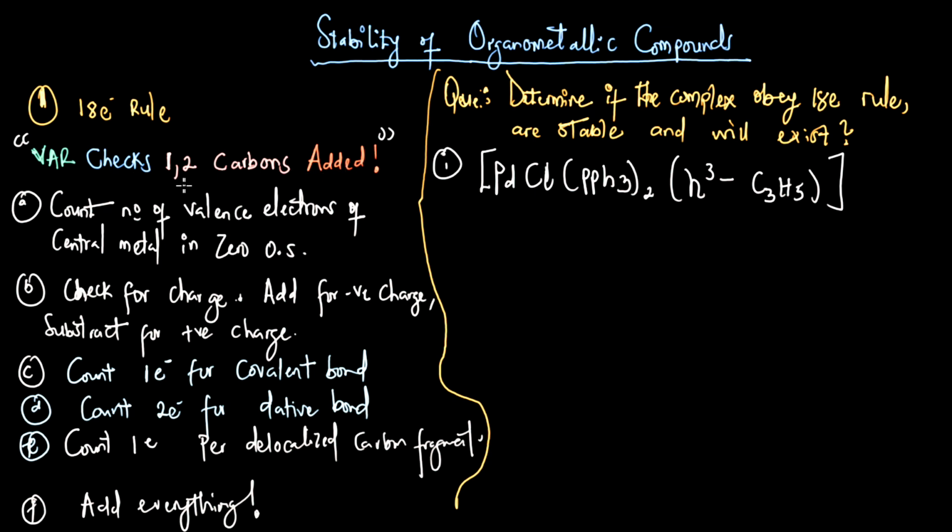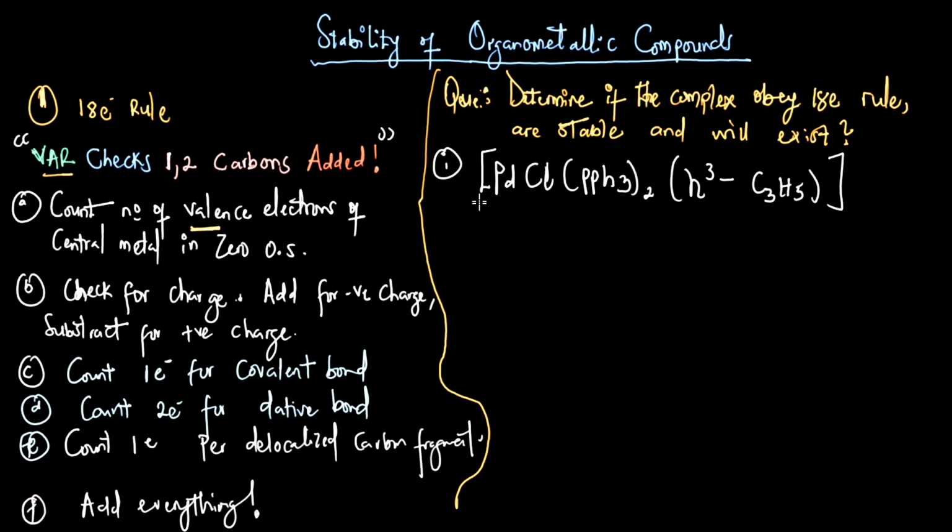Just know this, and then you'll be able to determine the stability of organometallic compounds. Let's break this down. The VAR simply has to do with the valence electrons, right? So the VAR here is the valence electron. You need to count the number of valence electrons of the central metal in the 0 oxidation state.